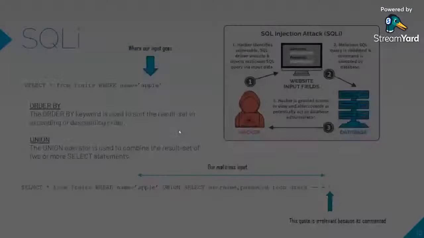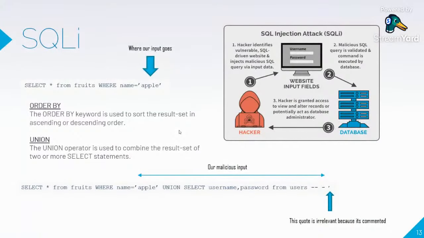Let me just try to explain to you what we are trying to do. Suppose there is a query. I'll be giving you a brief overview of some SQL database. Suppose there is a query that's select star from fruits where name is in quotes apple. What this does is it returns all those entries where name is apple.